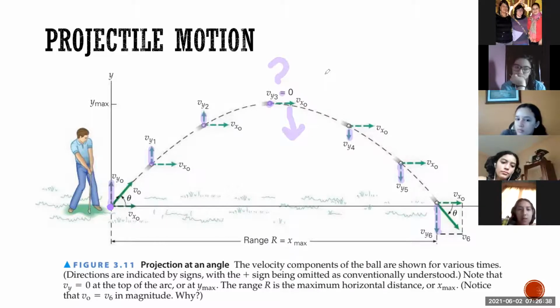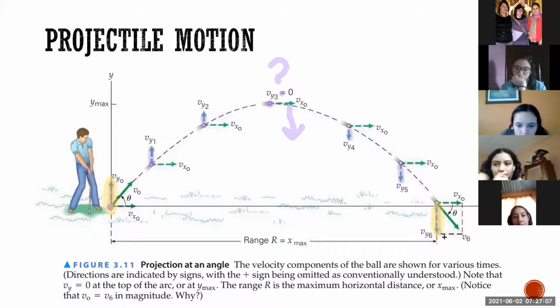Okay, remember, projectile motion is a parabola. Take a look at this picture here, and that's why this is so important. I want you to see this. I will highlight in yellow because it's ugly, the yellow. Take a look. The initial velocity in y and the final velocity in y, they are the exact same.